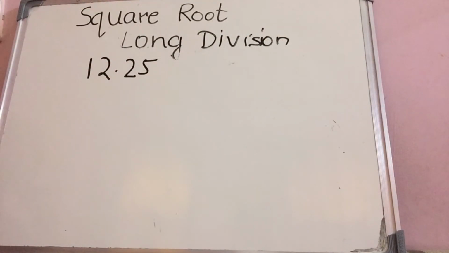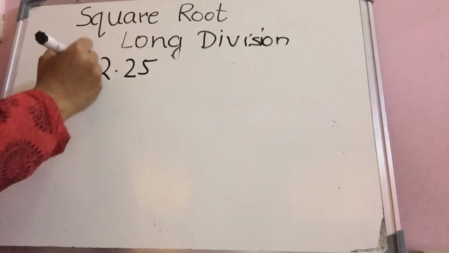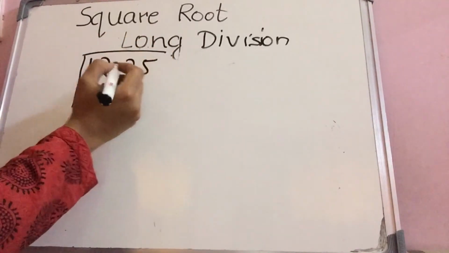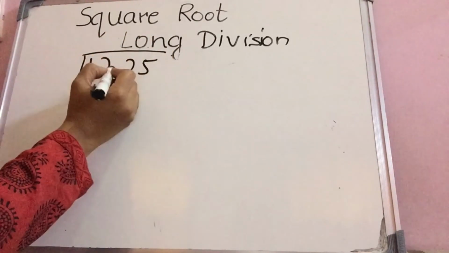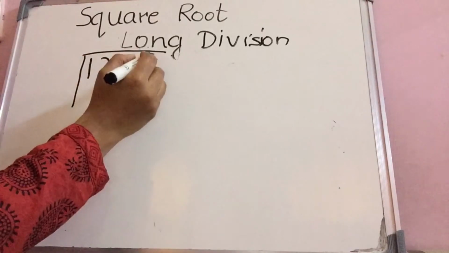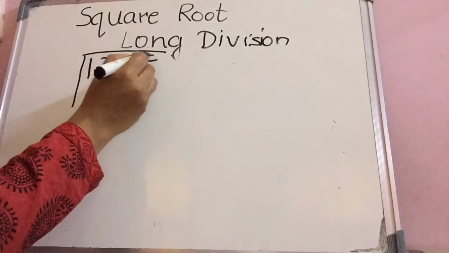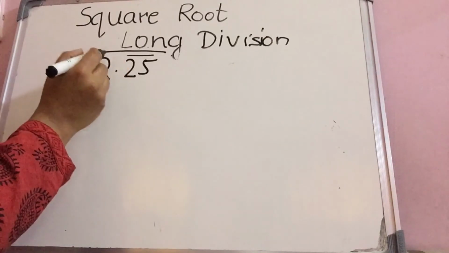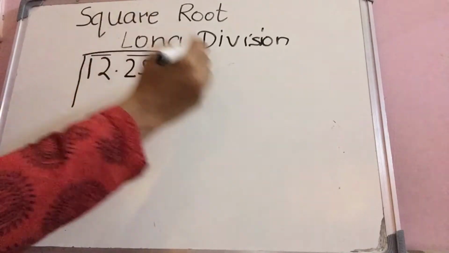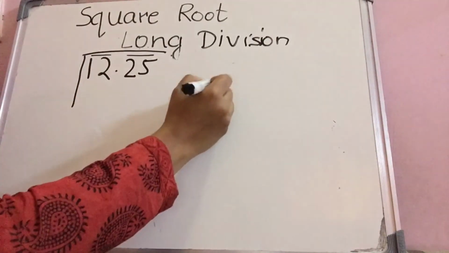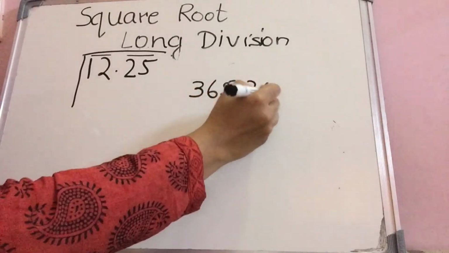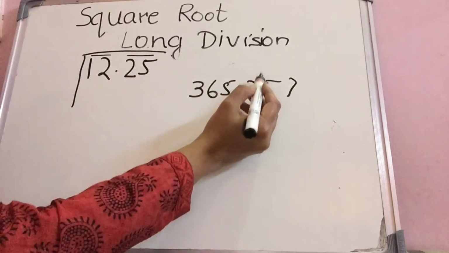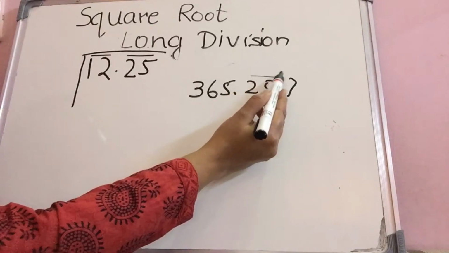Now if we have to find the square root of a number with decimals with long division method, how will we do it? Again we will make pairs, and this time we'll make pairs after the point from left to right, and before the point we'll make from right to left. Suppose we have 3 digits, we take it as 0.257. So for this we'll make pairs like this and this.